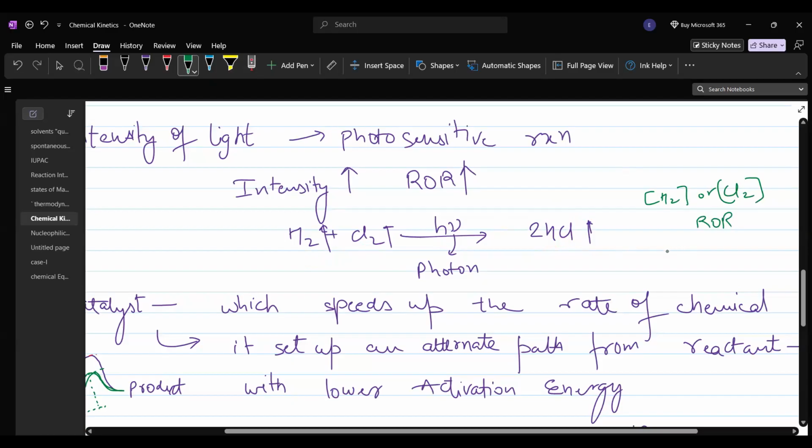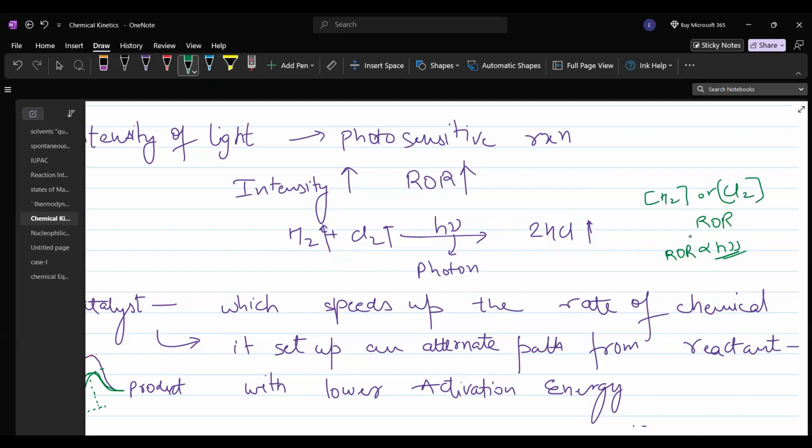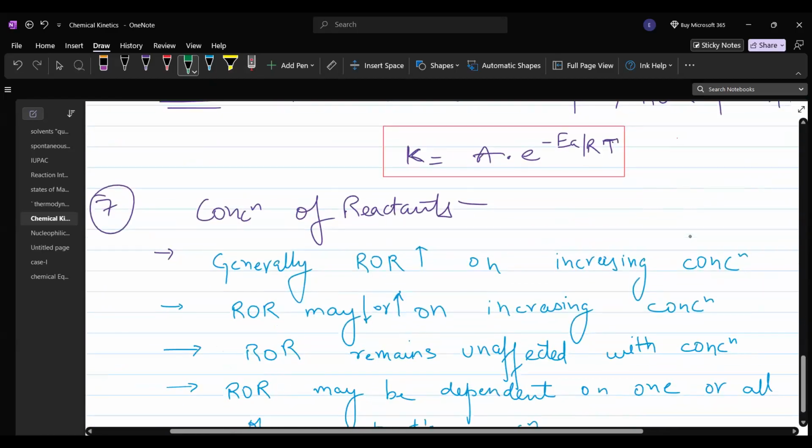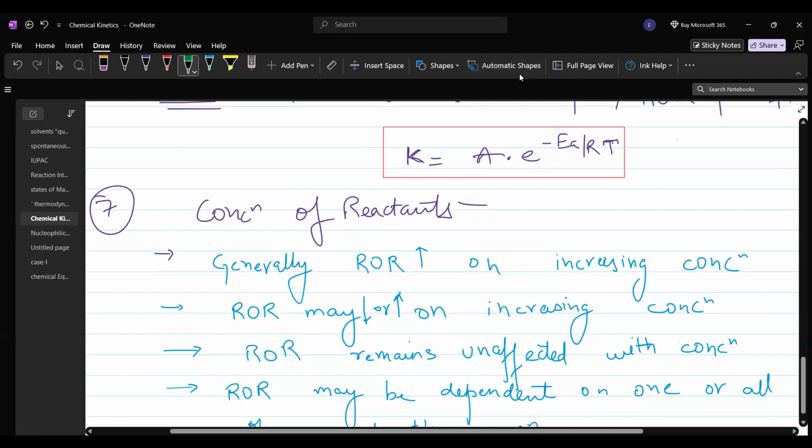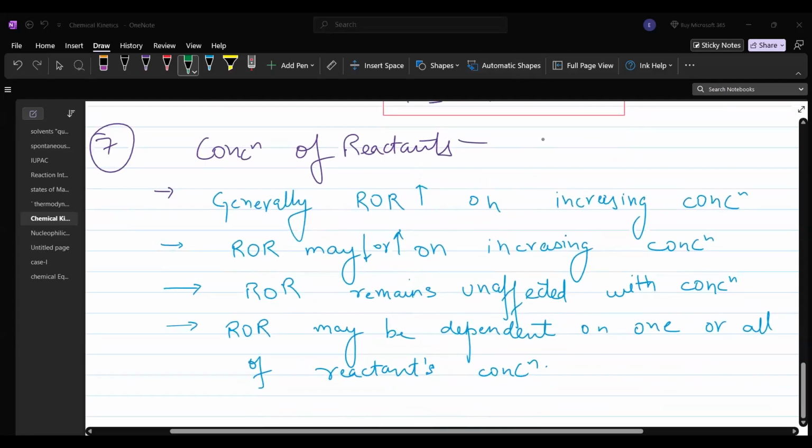But the rate of reaction is proportional to h nu, which is the intensity of light here. Got my point? Yes, sir. You got my point, Rishita? Yes, sir.